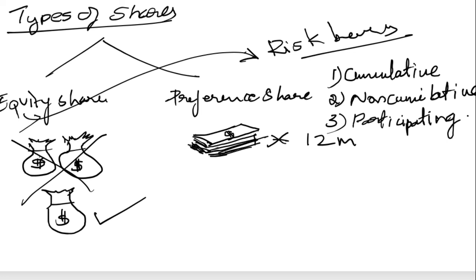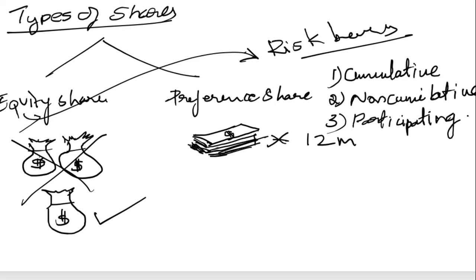As a participating preference shareholder, I will get a definite income plus a surplus of the profit, the residue which is given to the equity shareholders, and if any surplus is there, one dividend I will get from the company. That is called participating preference shares.